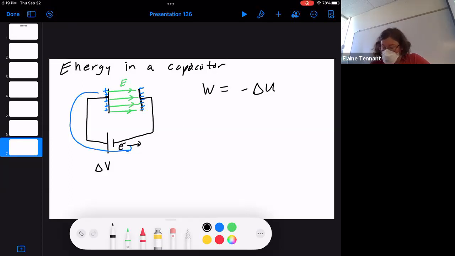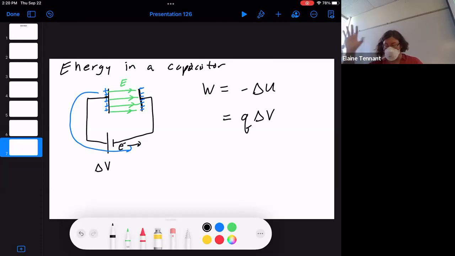In particular, if you need to take a charge and push it across your potential difference, that amount of work is equal to Q delta V, not delta U, delta V. Where I dropped the minus sign for a second because I haven't specified if that charge is positive or negative.